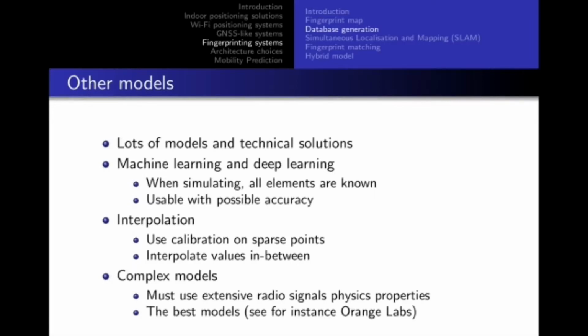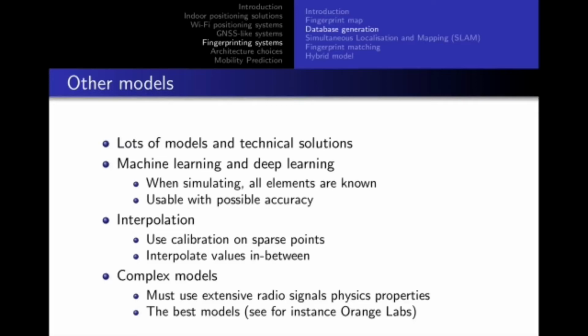There also exist other models, a lot of models and technical solutions. For instance, based on machine learning and deep learning. So you use some calibration to build your machine learning model, and then you simulate the propagation over the whole building or the whole area.